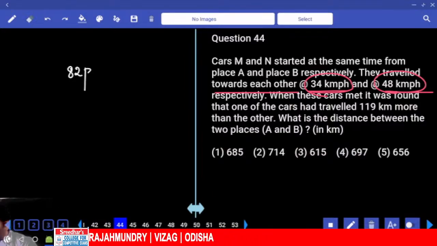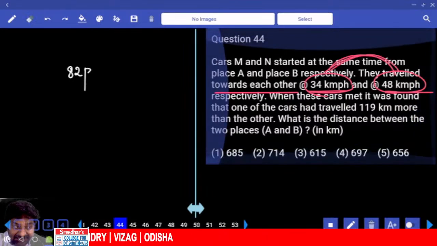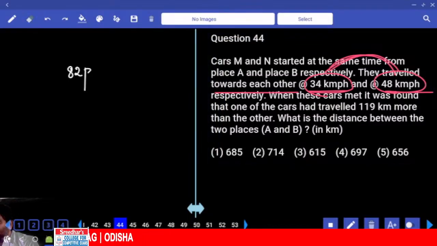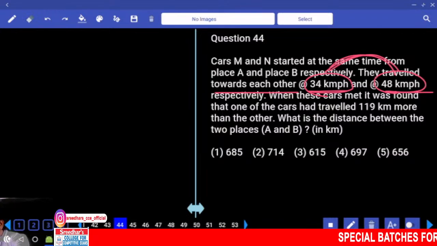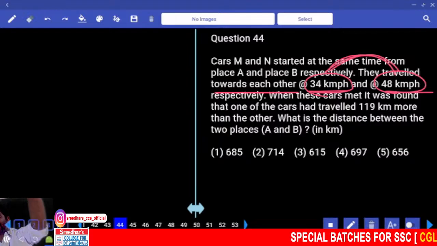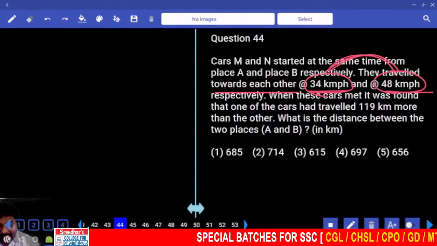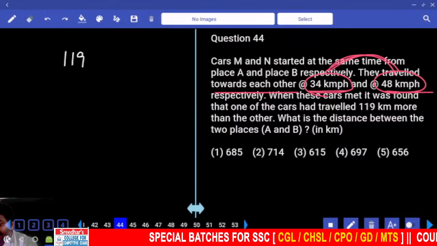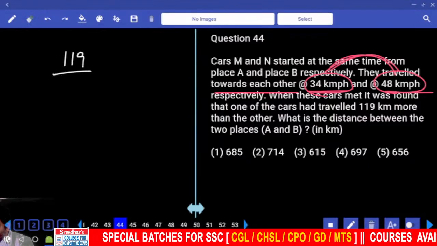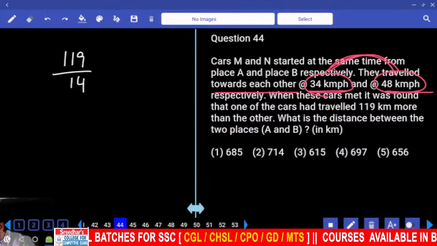Difference in distance covered is, one covers 34, the other covers 48. That means the second one covers 14 parts extra distance than the first one. Am I right? In terms of kilometers, that is equal to 119 kilometers, which is equal to 14 parts. One part is this much.